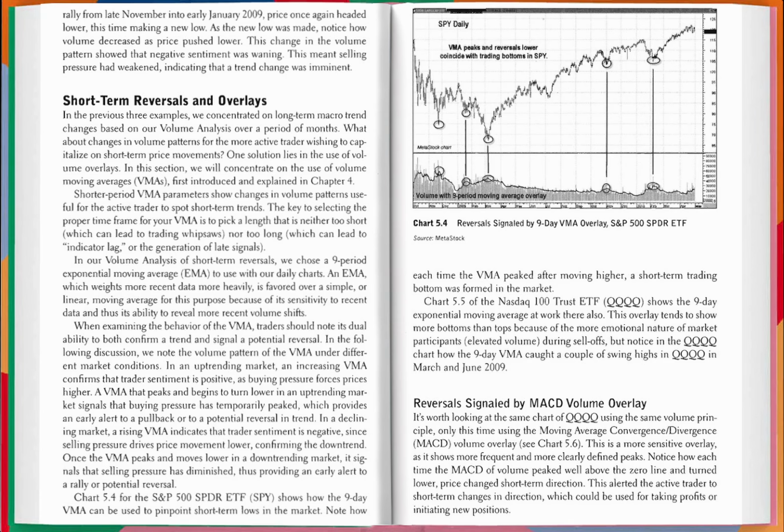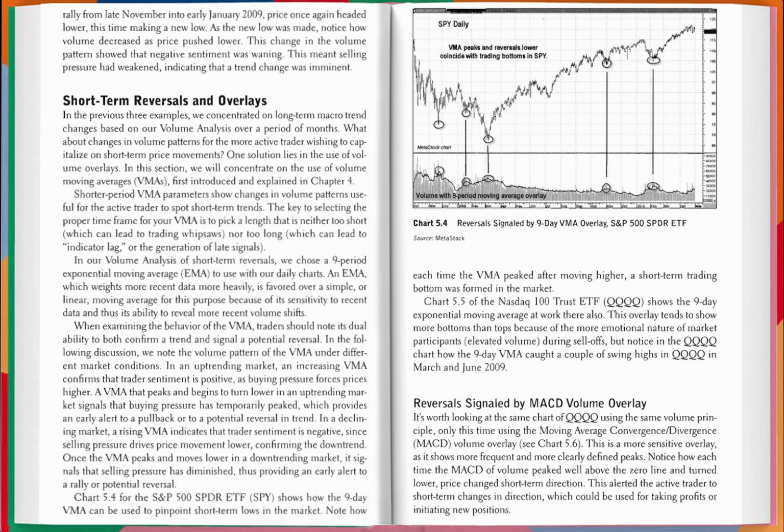This overlay tends to show more bottoms than tops because of the more emotional nature of market participants' elevated volume during sell-offs. But notice in the QQQQ chart how the 9-day VMA caught a couple of swing highs in QQQQ in March and June 2009.